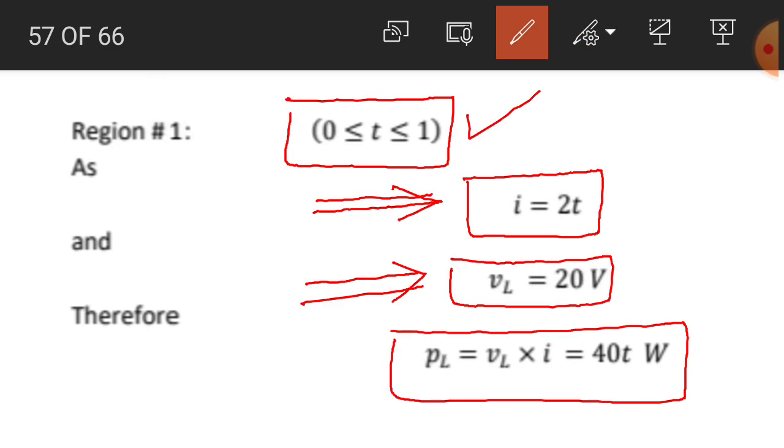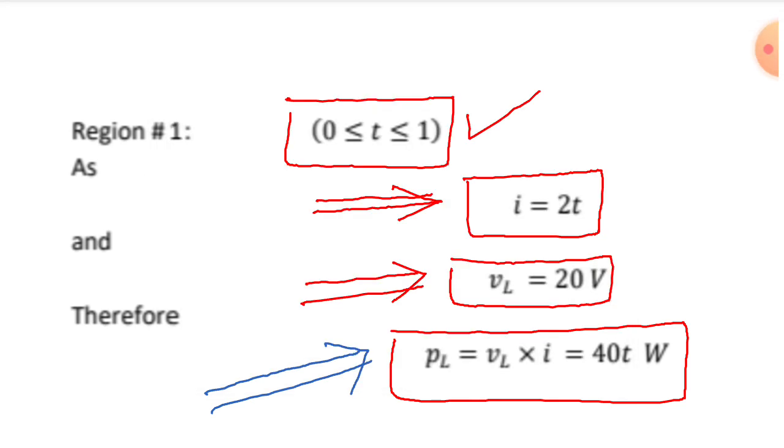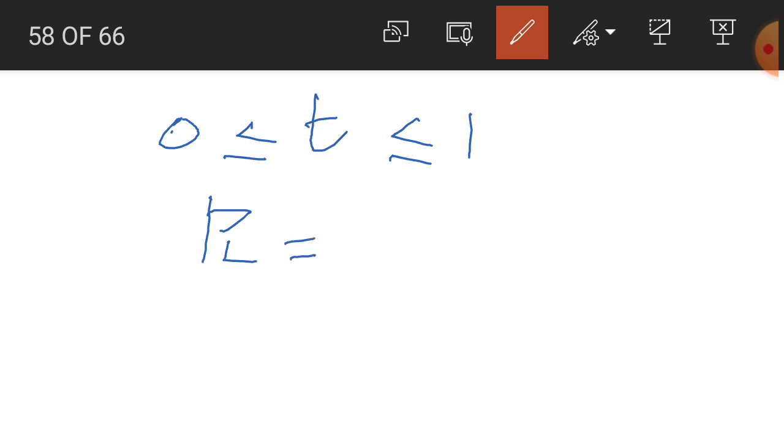And you see there is a linear relationship between the power and time. If there is a linear relationship between the power and time, you will get a straight line passing through the origin in region number 1. Anyhow, we consider region number 1 where the time is changing from 0 to 1, and the power taken by the inductor in region number 1 is 40t watt.